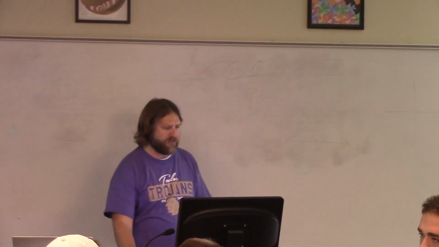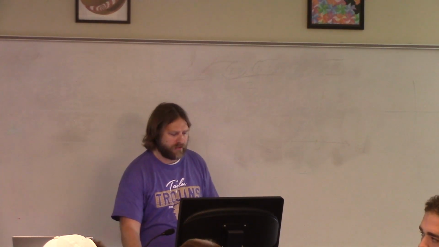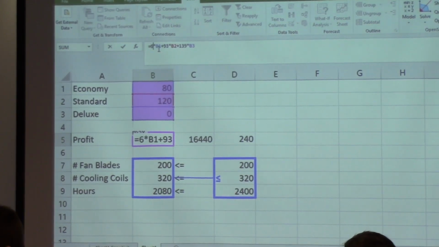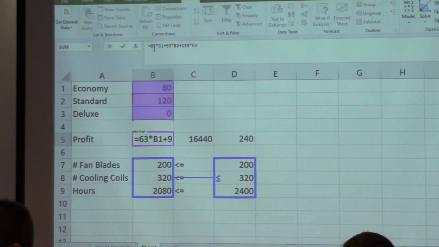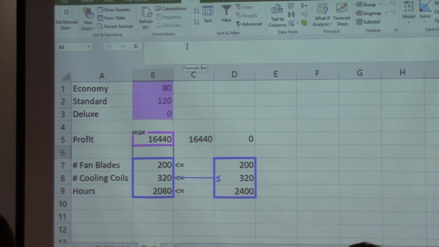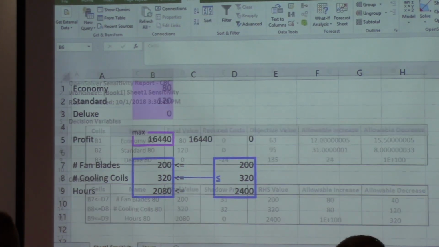So for part C, I should probably turn this back real quick. So it was 63, 95, and 135, right? Resolve it, look at our sensitivity analysis.